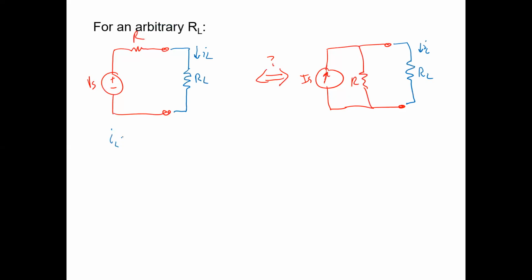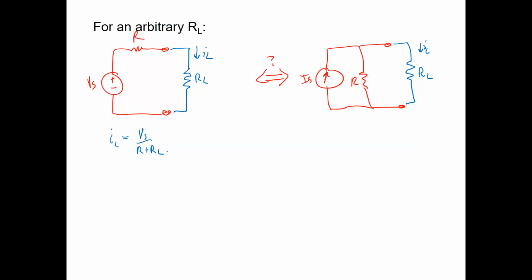In the first circuit, what is IL? Yeah, it's VS over R plus RL. Okay. What about the second circuit? It's a little more complicated. What tool might we use to find IL in the second circuit?